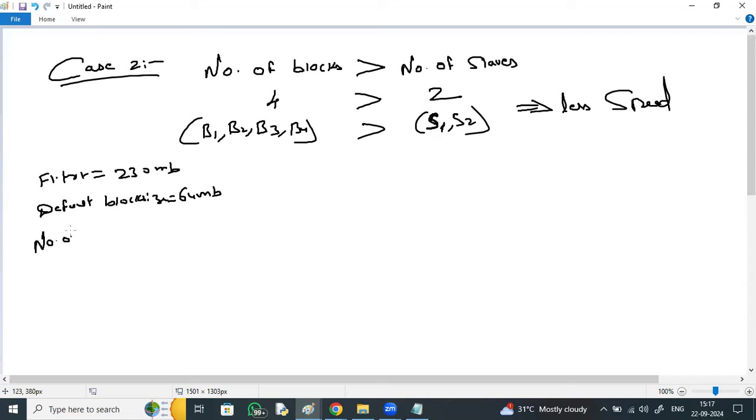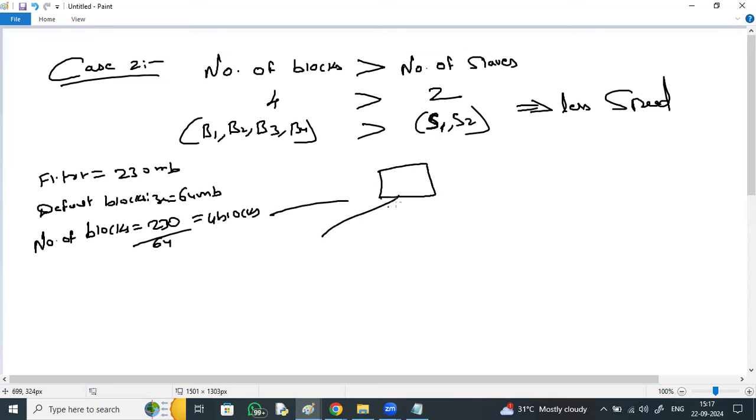Into how many blocks? Number of blocks equals 230 by 64, 4 blocks.